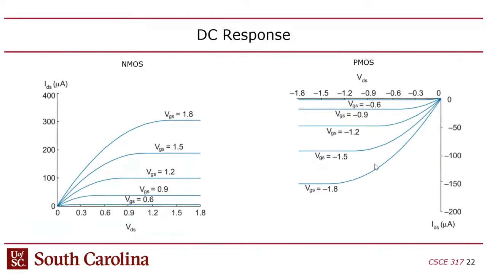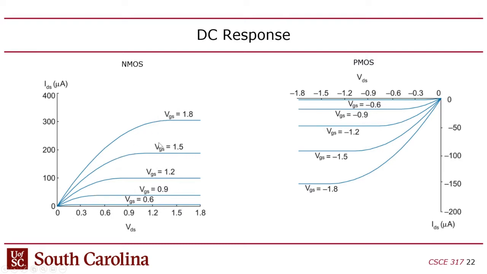Okay, so for instance, if you look at, you can plot these IV curves. This is the DC response. So if you set the gate source voltage on an nMOS to different values, and then you scale up the drain to source voltage, and then you look at the current that flows through, you can see that depending on what gate voltage you put on, you'll reach the saturation at slightly different points.